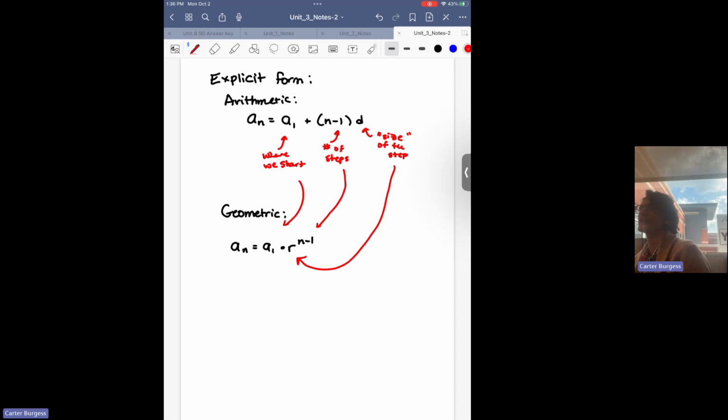To figure out a sub n for my recursive form, I would need to know a sub n minus 1, which would require me to know a sub n minus 2. And at that point, it becomes a massive hassle. This is saying, for very specifically arithmetic and geometric sequences, that I know what a step is and how many I'm going to take. Let's just take them all at once and see where we end up.